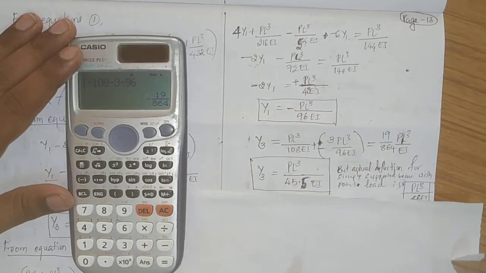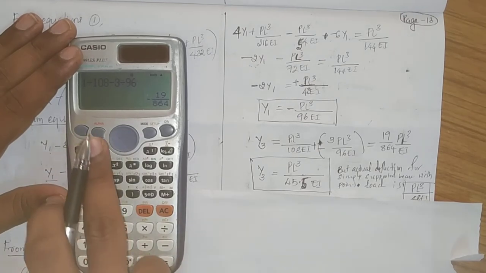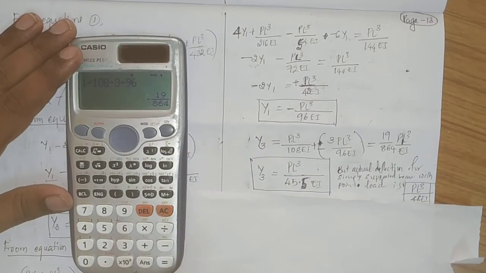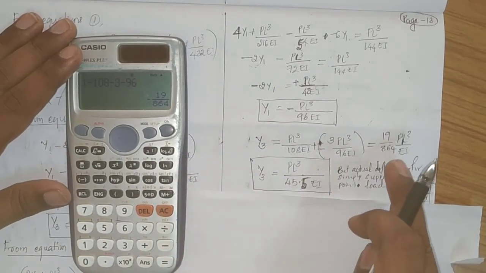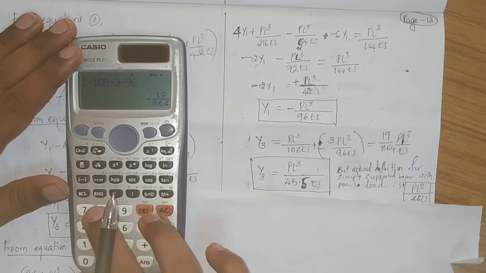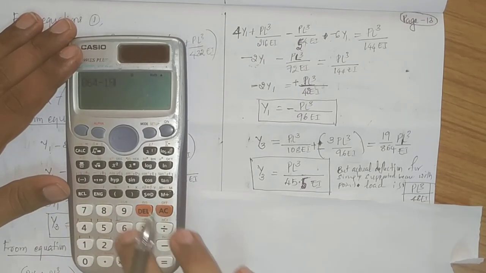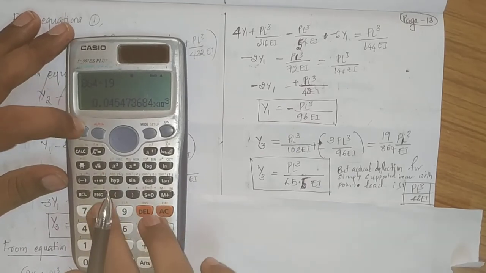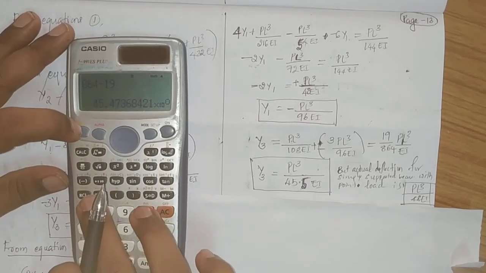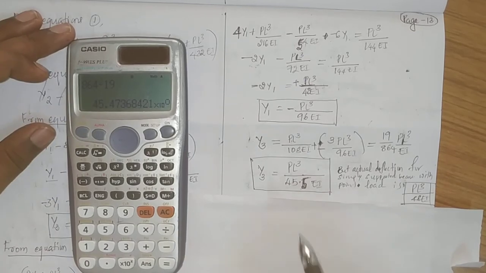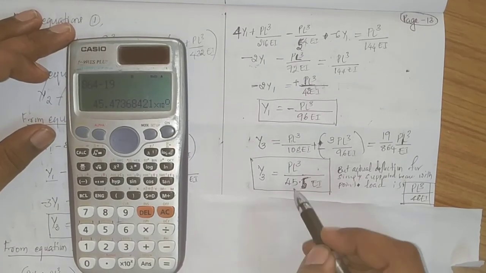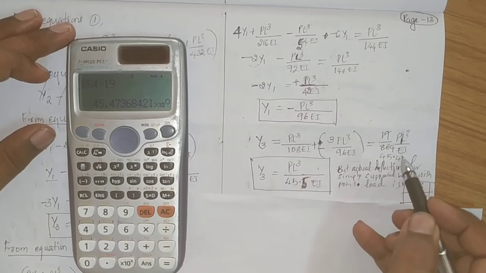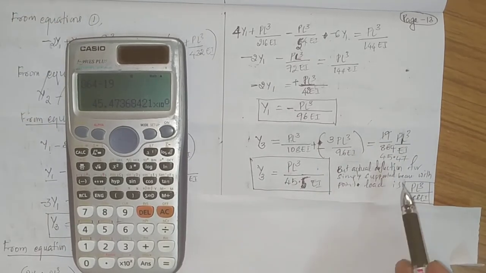Or once again you can check it out: 1 by 108 minus 3 by 96. Now you just divide 864 divided by 19, which is equal to 45.47. Therefore 1 divided by 45.47.